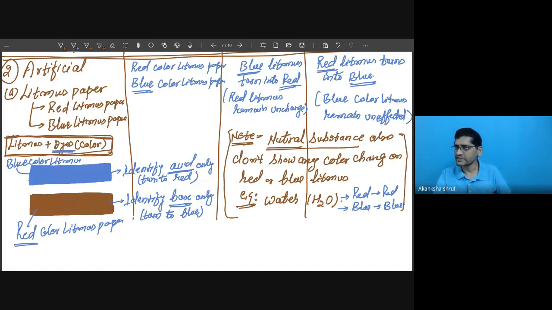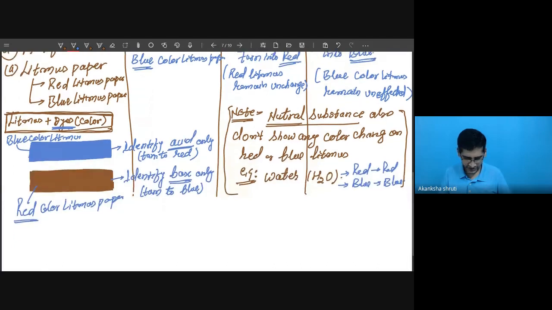You cannot differentiate whether it is neutral or basic. But if any one of them is acidic, then you can surely tell. Based on this simple concept, a question is there in your textbook. So litmus paper is one of the important ones.